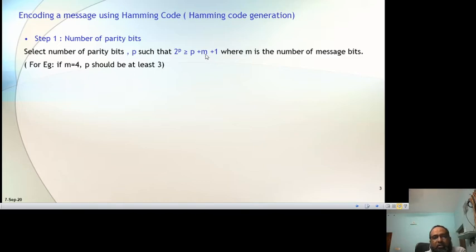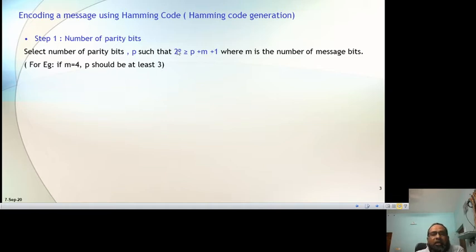Suppose it is a 4 bit message, then you apply different values of p and make sure the equation is satisfied. Suppose m is 4 and you try p as 1. Then 2 raised to 1 is 2, and 2 should be greater than or equal to 1 plus 4 plus 1, which is 6. So the equation is not satisfied.